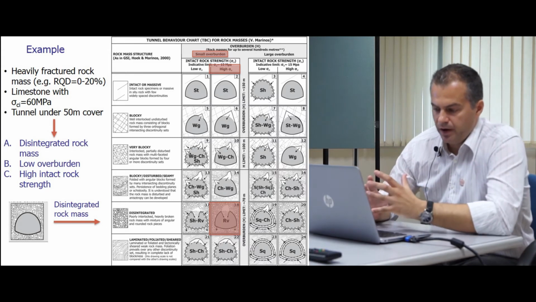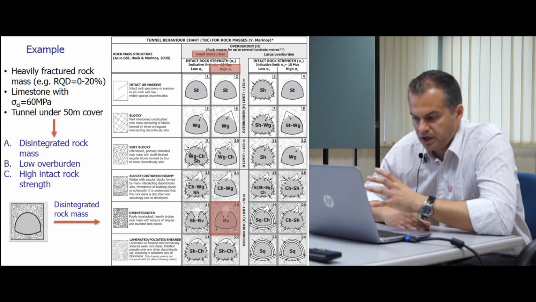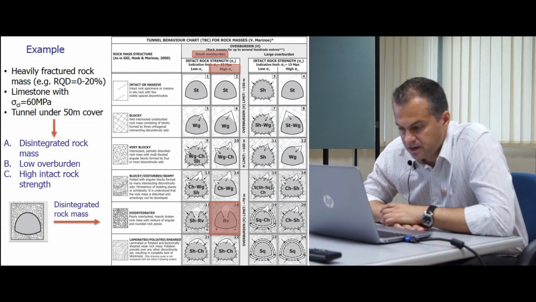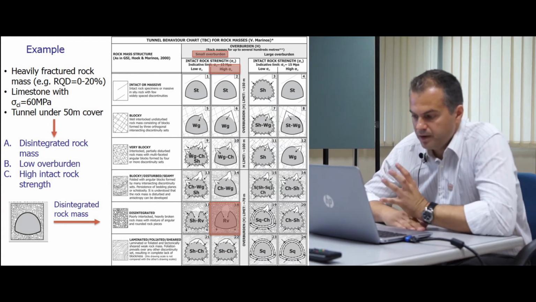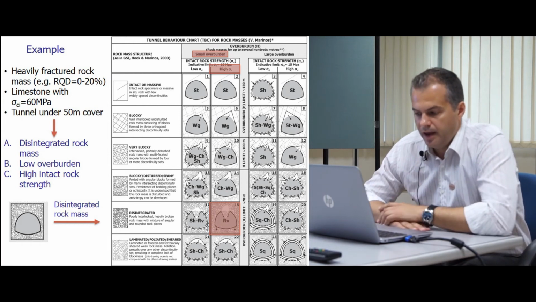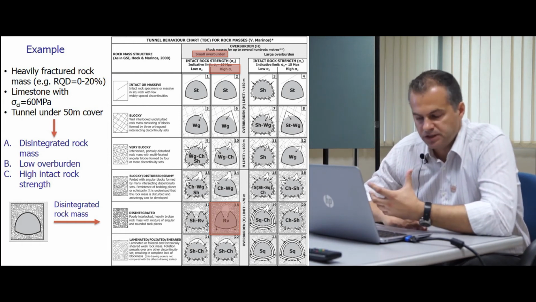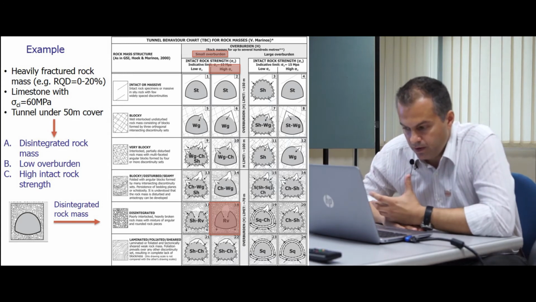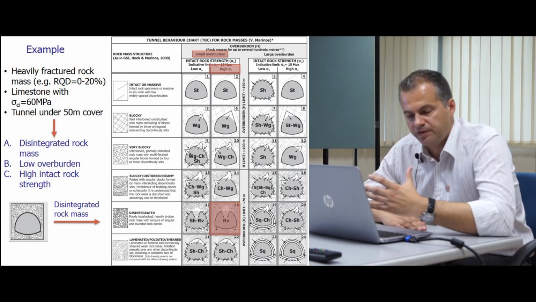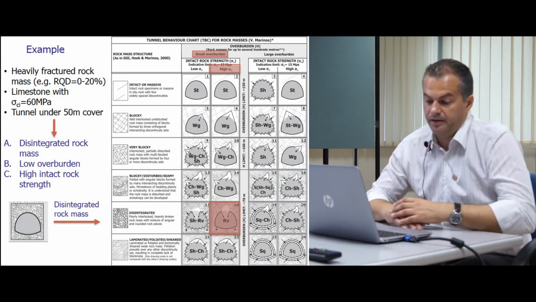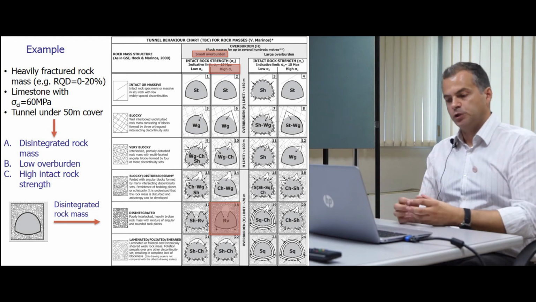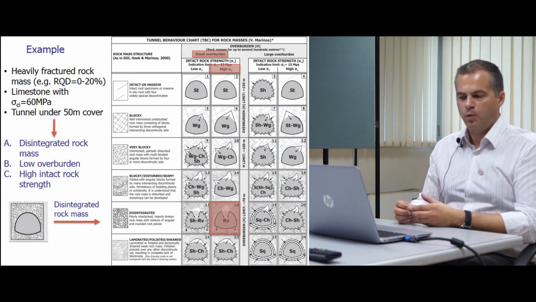So this is, in general, some rough but very well applied examples of how we can shift from one tunnel behavior to another when the rock mass structure changes, when the overburden changes, and now according to the intact rock strength, which is the maximum strength that a rock mass can have, but then is reduced through the Hoek-Brown criterion with the GSI.